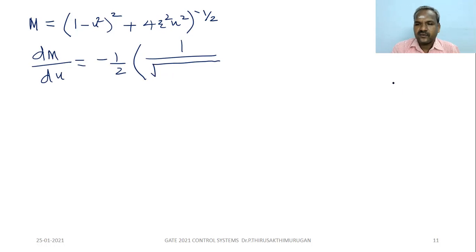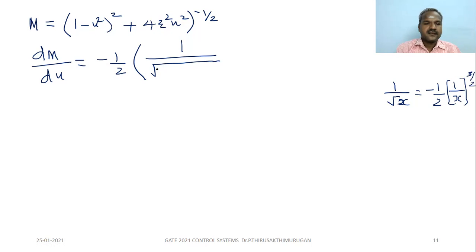Similarly, the denominator becomes (1 minus u square) whole square plus 4 zeta square u square, the whole power 3 by 2, into the derivative of the inside.